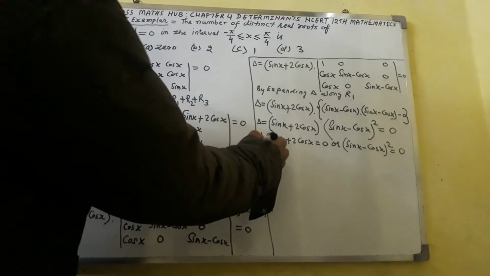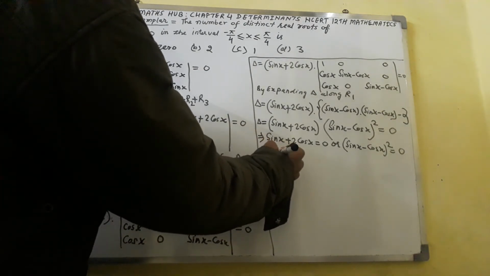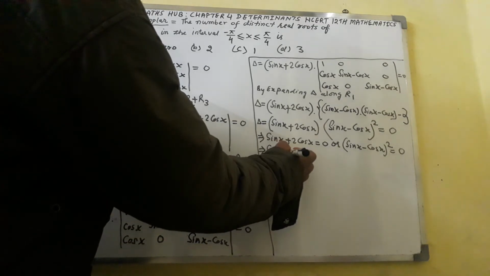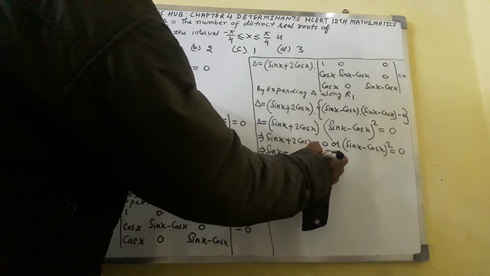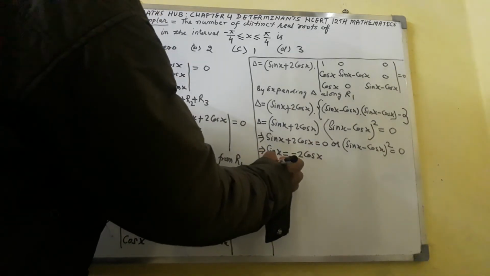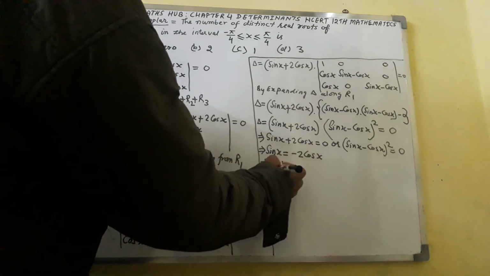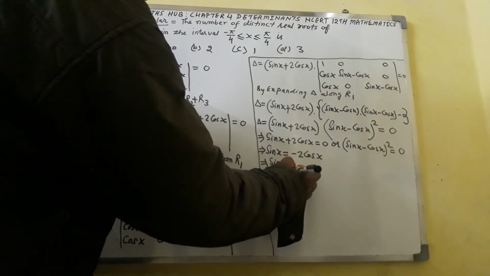So here you will get, implied that sin x is equal to minus 2 cos x. So here you will get sin x over cos x is equal to minus 2.